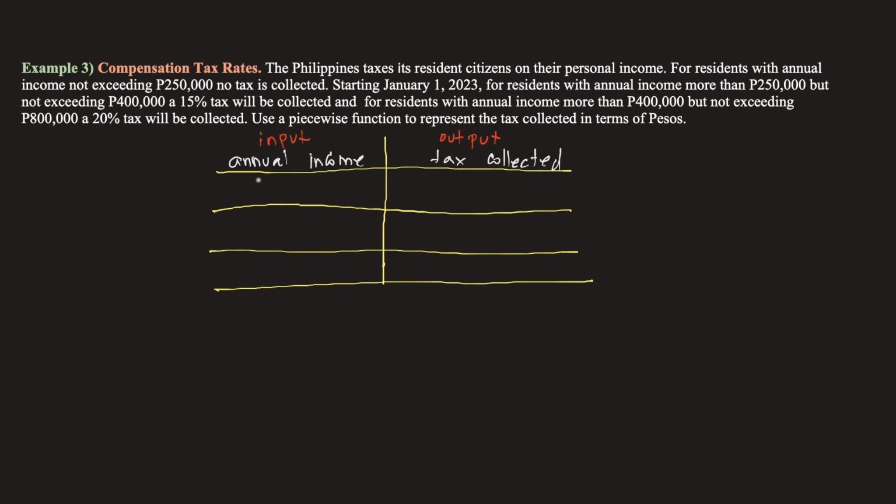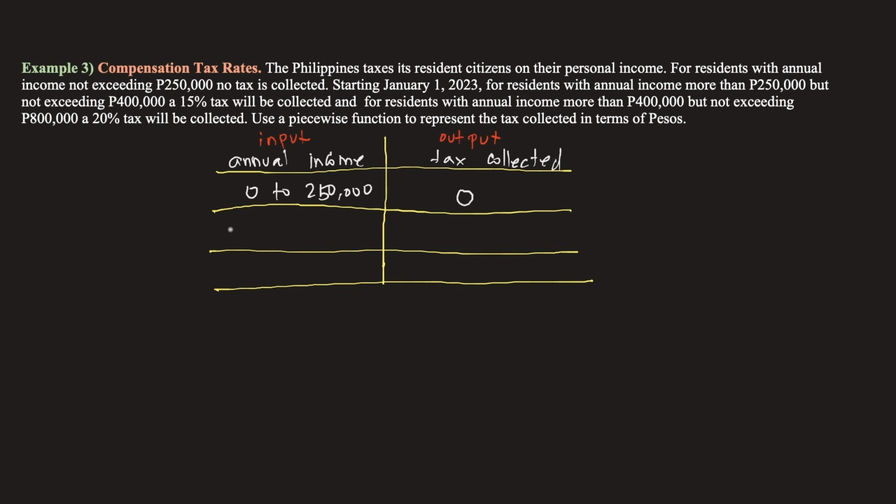The first condition is that when you have an annual income from 0 to 250,000, no tax will be collected. So that is 0.